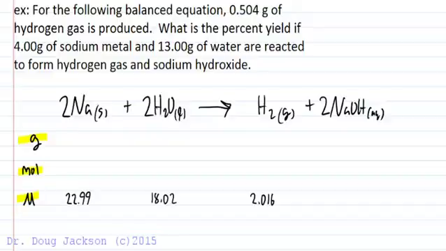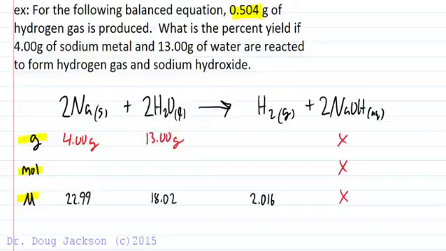We have 4 grams of sodium metal and we have 13 grams of water, and we must calculate the theoretical yield of hydrogen gas to compare it to the actual yield of hydrogen gas. Okay, and so we also have to calculate the molar masses from the periodic table. I've done that ahead of time. We don't care about sodium hydroxide because it's not involved in the problem.